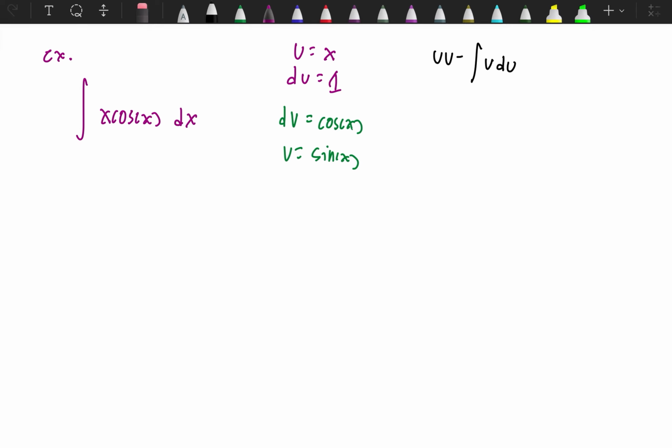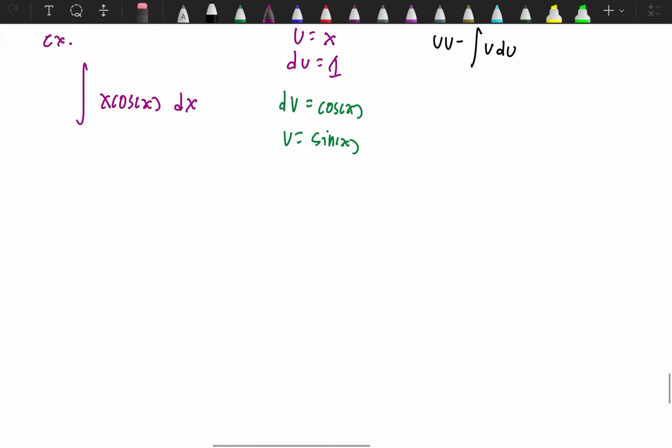For this case, we'll get uv. So u is x, and v is sine of x. So you'll get x sine of x minus v, which is sine of x, du, which is 1. So really you just have dx.